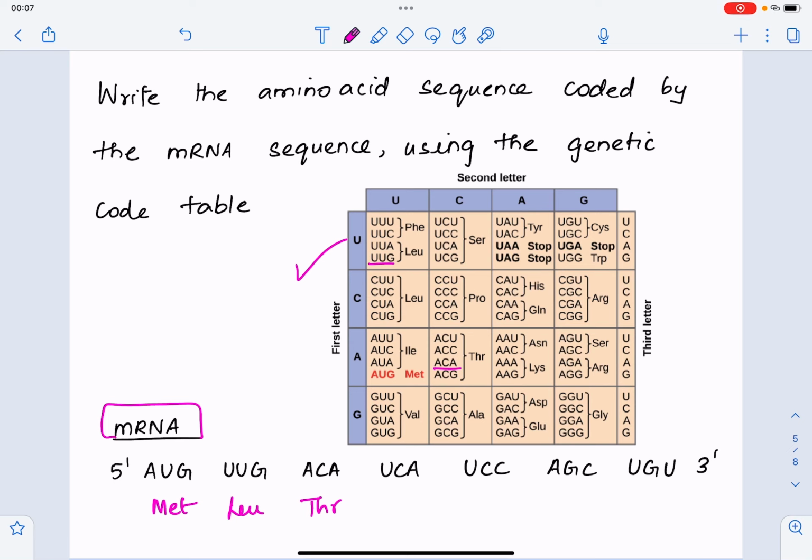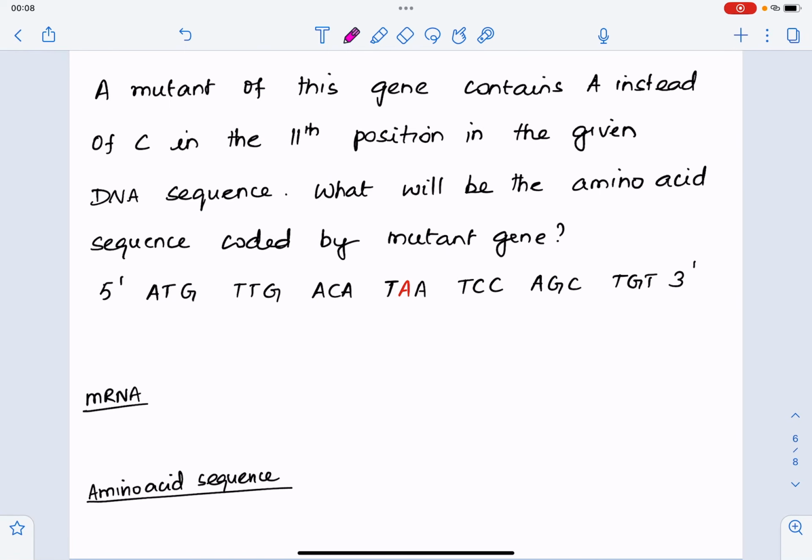UCA is serine. UCC is also serine. AGC is serine. And then UGU is cysteine. So this is the amino acid sequence with N-terminal and C-terminal. Next we'll move on to the next question.